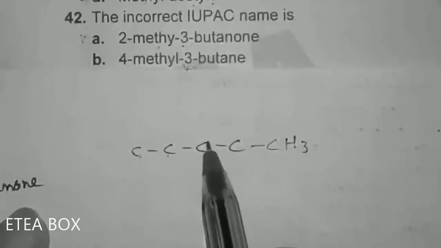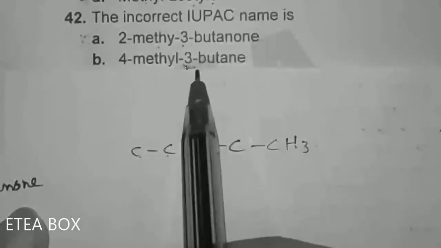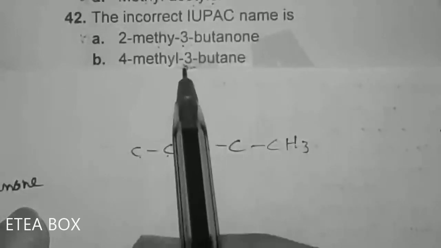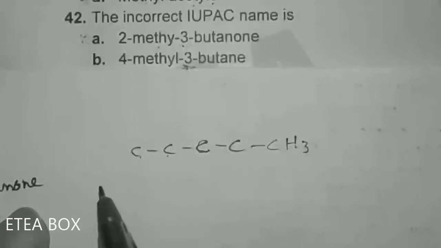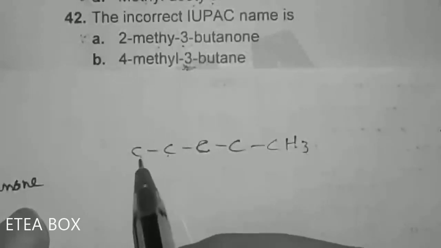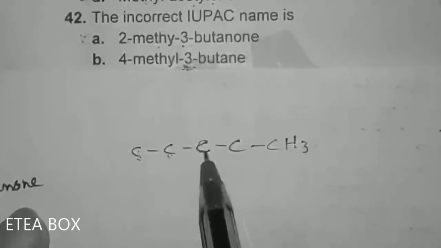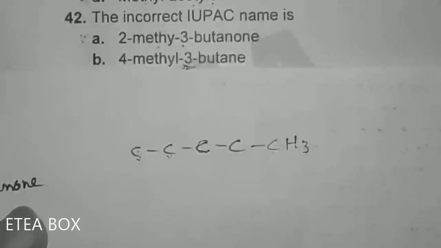So let's suppose this one does not make sense. You can locate 2 bonds or 3 bonds, you cannot locate 1 bond, so this one does not make sense. Now look here, if you name this one, it will be simply pentane, 1, 2, 3, 4, 5, so it means that this one is also incorrect.